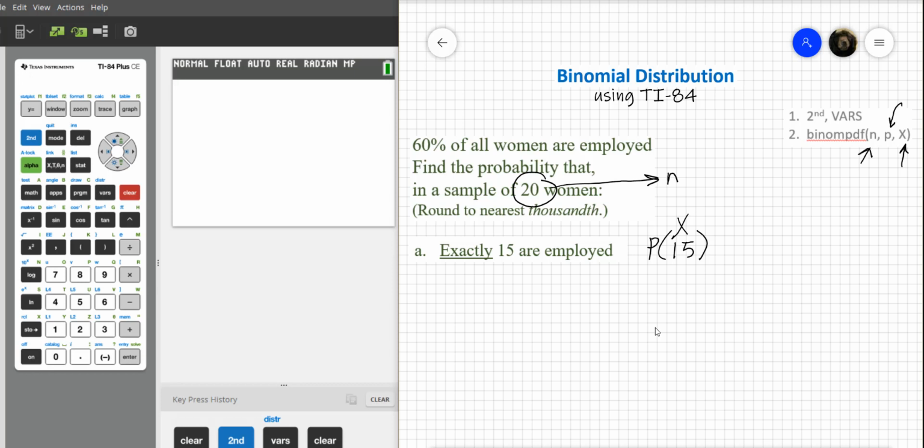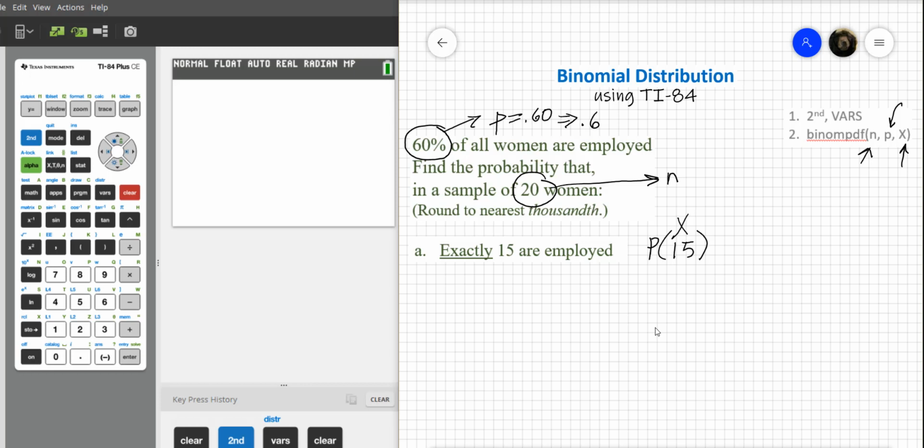And P is obtained from the 60%. You would write it as a decimal. P is equal to 0.60, and I'll write that in a streamlined way. I can write it as 0.6.